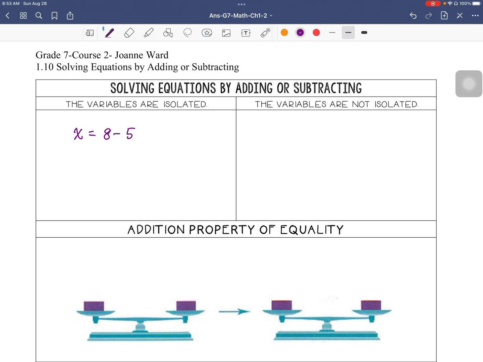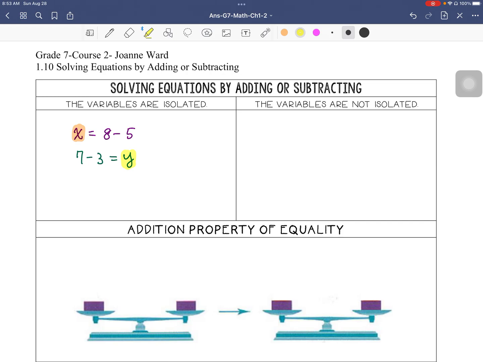In this case, the variable is isolated because x is on one side and the number is on the other side. And then also I have 7 minus 3 equals y. In this case, the variable is isolated because y is on the right side and on the left side are numbers.